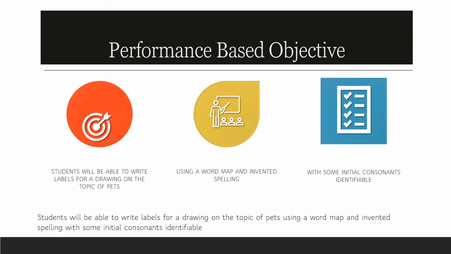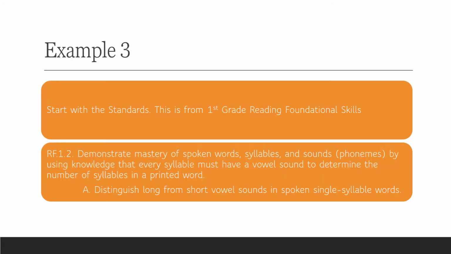That I want to see some initial consonants are identifiable. Most of my students can't yet hear the ending consonant or the middle consonant, so I'm looking for just the initial consonants in their invented spelling. So here's my objective. Students will be able to write labels for a drawing on the topic of pets using a word map and invented spelling with some initial consonants identifiable.